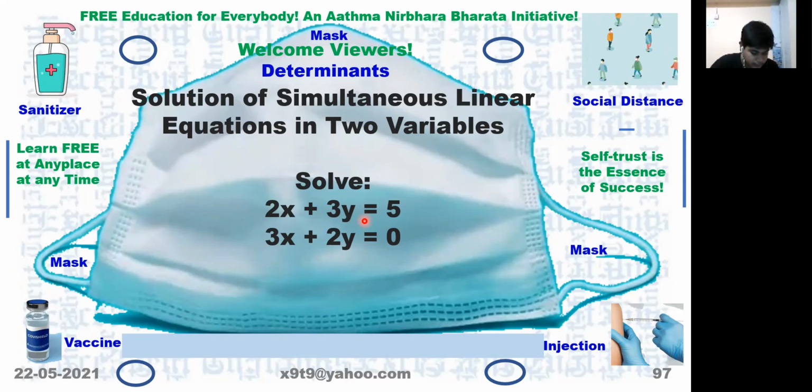Minus 15 divided by minus 5 will be 3. So x is equal to minus 2, y is equal to 3. That is the answer to this given pair of problems.